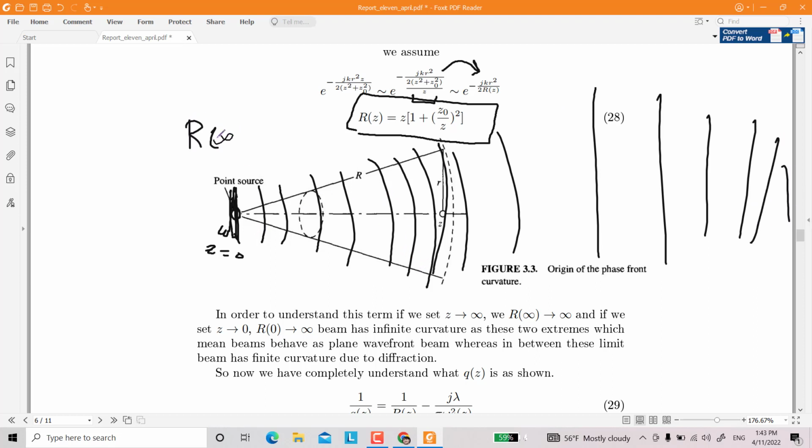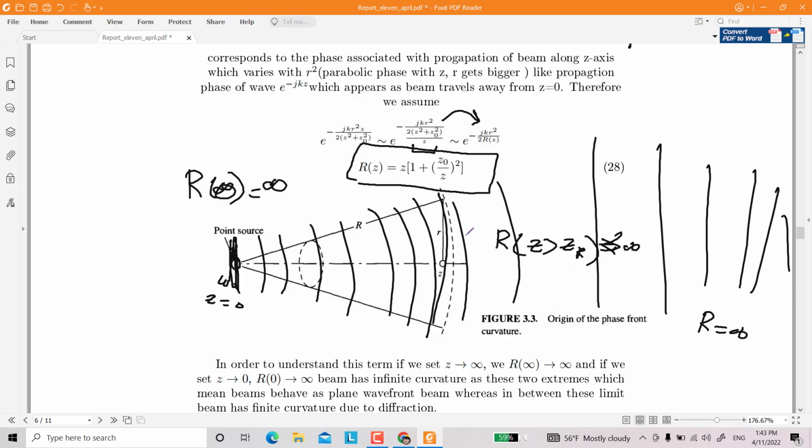Here curvature is infinity, but here curvature is less than infinity, finite, right?